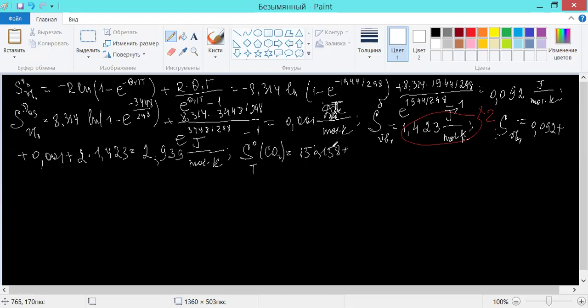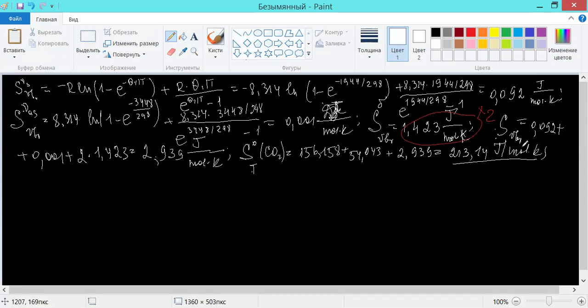That for the rotational component is equal to 54.043, right? And the vibrational component is equal to 2.939, and that gives us the answer 213.14 joules per mole per Kelvin.